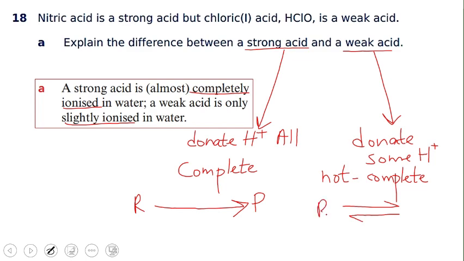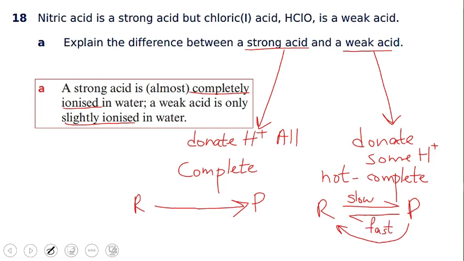It means we have reactant that changes into product, and product can change back into reactant. Even more, it will support the backward reaction. The forward reaction will be very slow, and the backward reaction will be more favorable, faster and better.